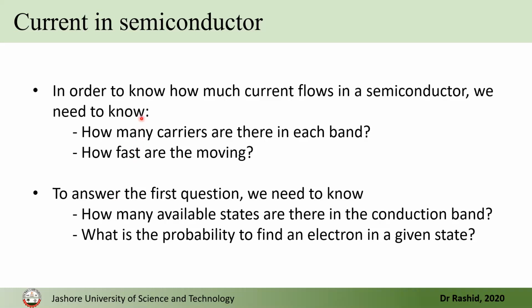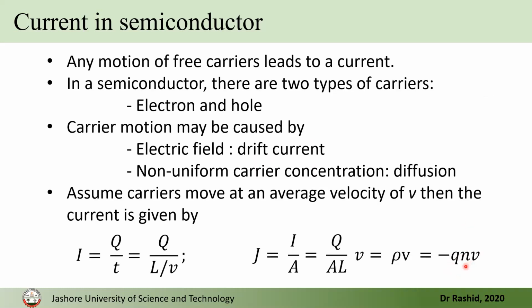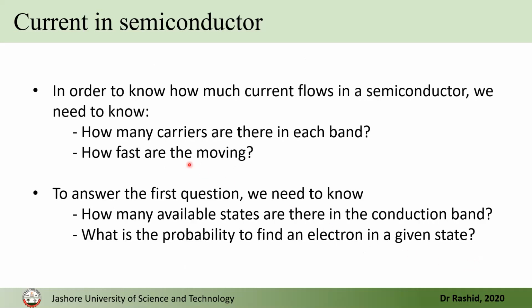Now, in order to know how much current is flowing in semiconductor, we need to know how many carriers we have, and we also need to know how fast they are moving. We can see from here how many carriers we have and how fast they are moving. And to answer this question, we actually need to know the number of available states in the conduction band and the probability of these states being occupied, because we know at 0 Kelvin the conduction band is completely empty.